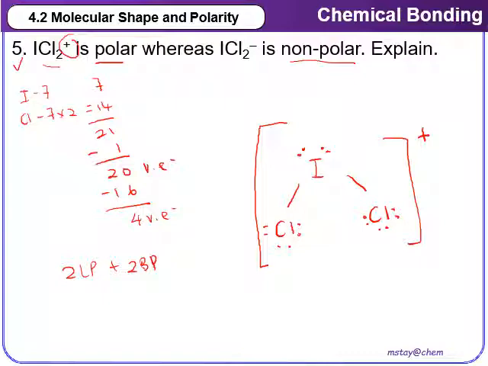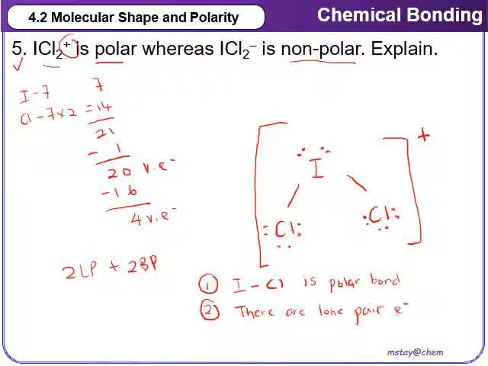Next, we continue to explain why this is a polar molecule. As usual, first we mention that the bond between iodine and Cl is a polar bond. And then there are lone pair electrons, which cause the V shape to be non-symmetrical.